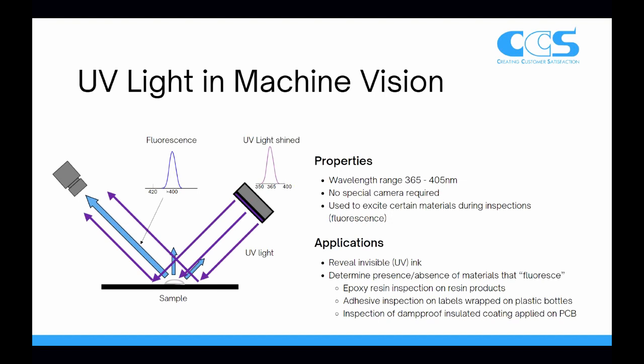Epoxy is a big one, adhesive inspection on labels, damp-proof insulated coating, glues and oil, lubricant, stuff like that. That tends to fluoresce as well. So really just testing if you're trying to see the difference between two different materials, especially if it's something like an adhesive or a lubricant. Try UV light. Sometimes it surprises you on whether it will fluoresce or not.